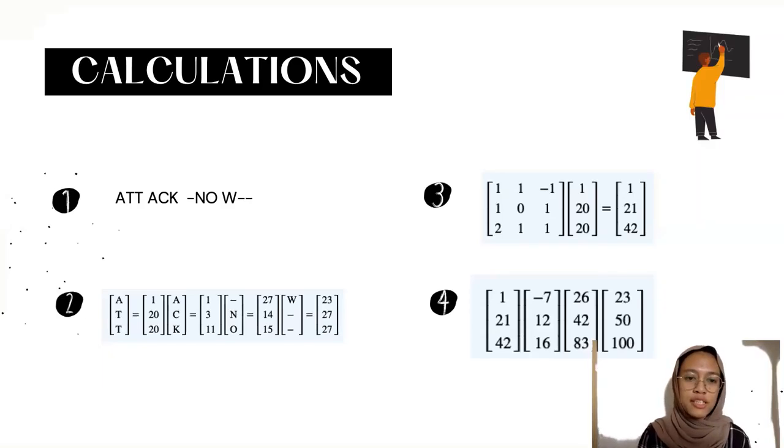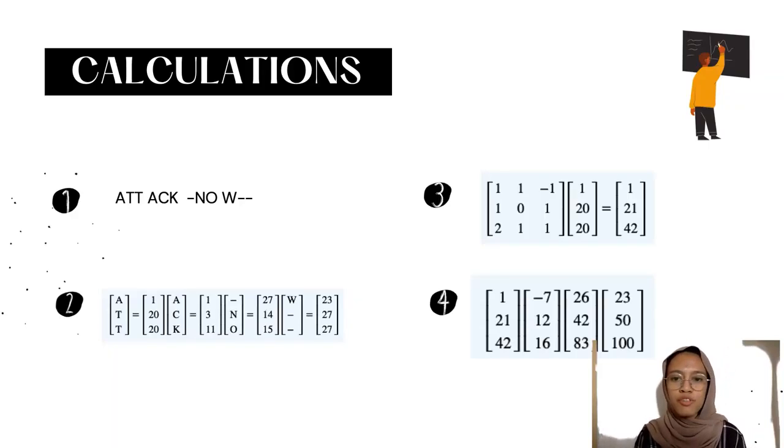Since there's a space between attack and now, the space will be covered with a dash. And since W will be the only letter left, we'll also put dashes to make it into a group of 3. So now, once we have the groups of 3, we can put them into columns and put in the code for each letter. So this is what we get in step number 2.